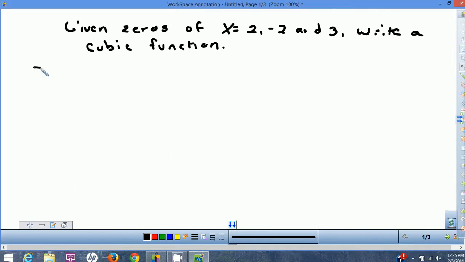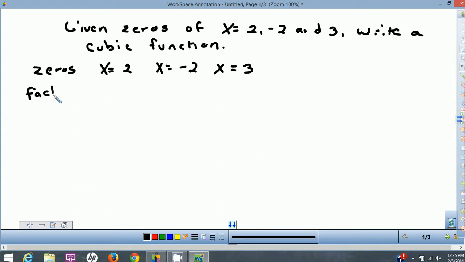So the example that we're going to use is, we're going to say that our zeros are x equals 2, x equals negative 2, and x equals 3. Well, what do those zeros give us? They give us factors.